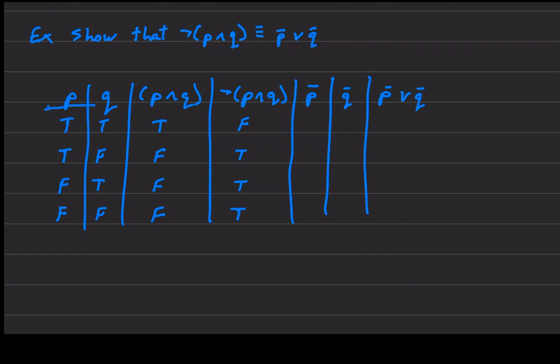Then I have the negation of P, so true becomes false, true becomes false, false becomes true, and false becomes true. The negation of Q, true becomes false, false becomes true, true becomes false, and false becomes true.